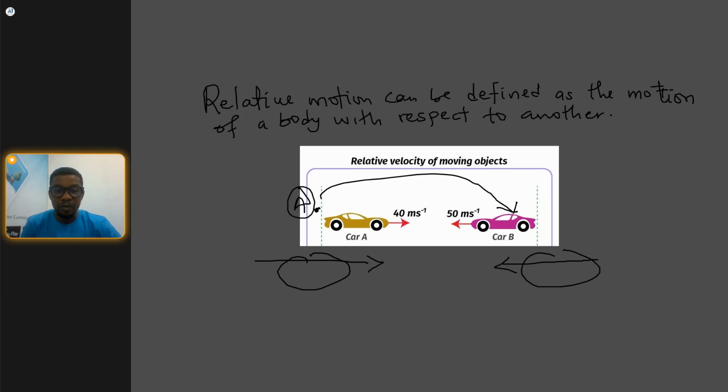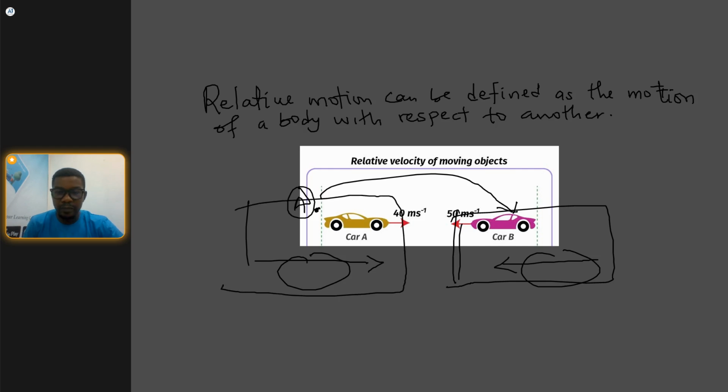If you are asked for the relative motion of car A, you are asked to get the motion of car A with respect to that of what? B. And if you're asked for the motion of car B, it is going to be the motion of car B with respect to that of what? Car A. Are we getting that?